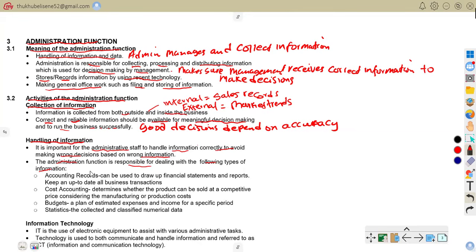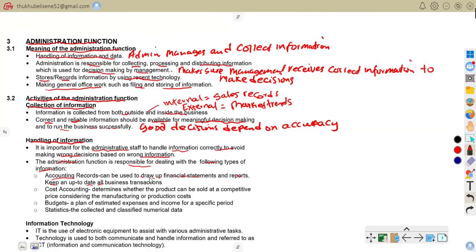Accounting records. As it says, the accounting records can be used to draw up financial statements and reports and keep an up-to-date record of all business transactions.